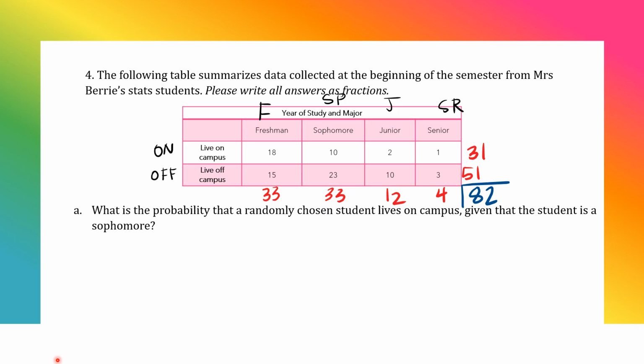All right, so if we're looking at probability that they live on campus, given, so we see that word given, remember that means the long straight line, that they live on campus, given that they are a sophomore.